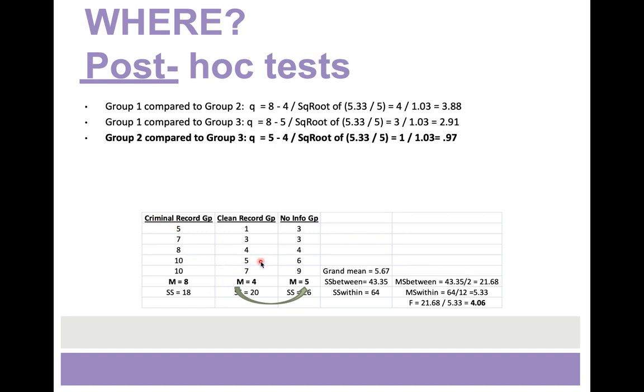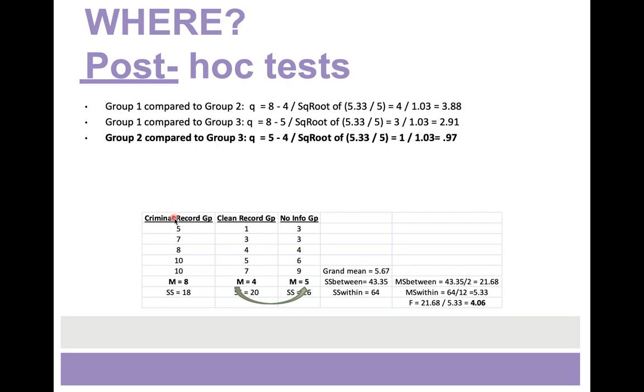But we would need to know as psychologists that this is happening, that juries are biased against individuals with prior criminal records. They are rating them as more guilty when compared to individuals with clean records who they're rating as less guilty. But this is the only significant comparison.